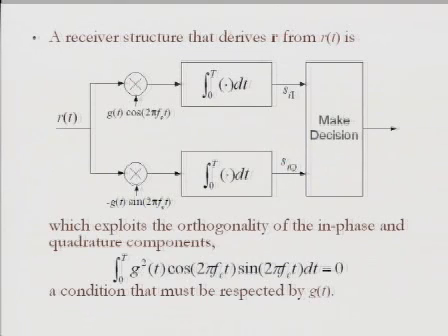Right, the integration should be over all the time span on which g is non-zero. I'm using here the notation of the textbook, but your point is very well taken. The integration should possibly be wider than that. If g spans more than 0 to T, then the integration should go wider.